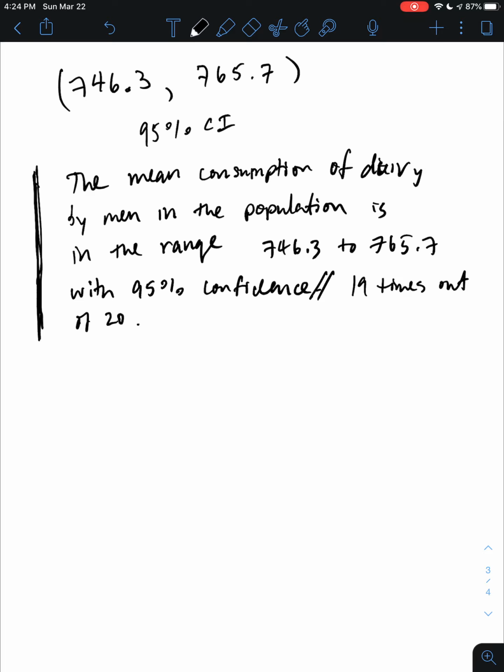Another part of this section is that we're going to start changing this 95% and see how our calculation can change. So we're going to introduce a new variable here. 95% is our confidence.